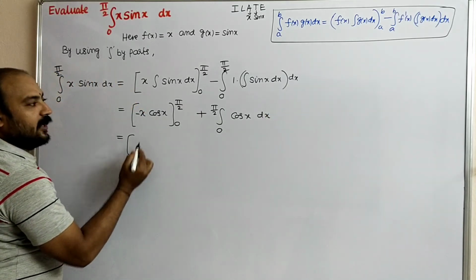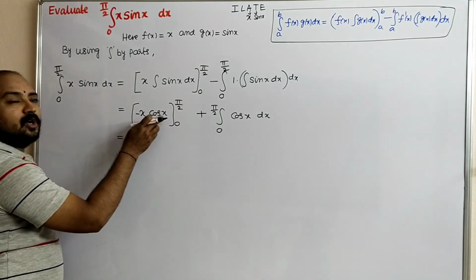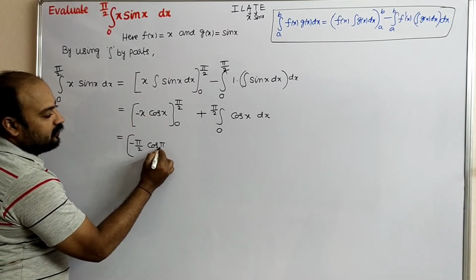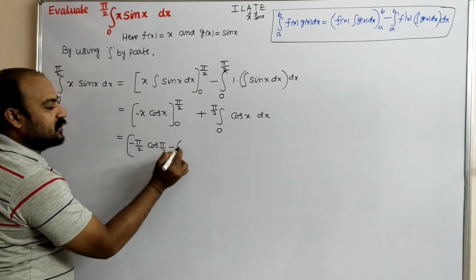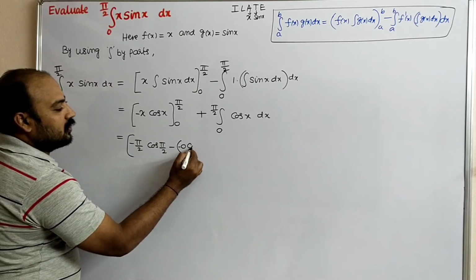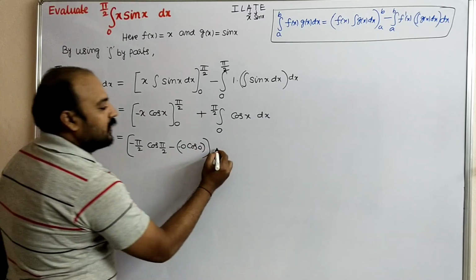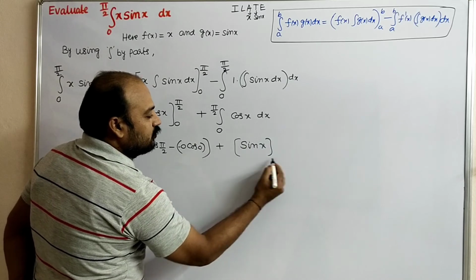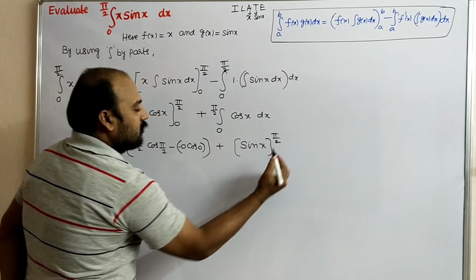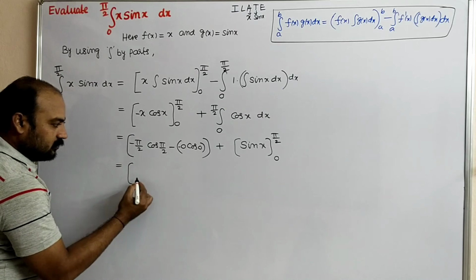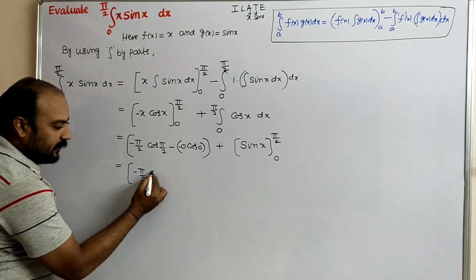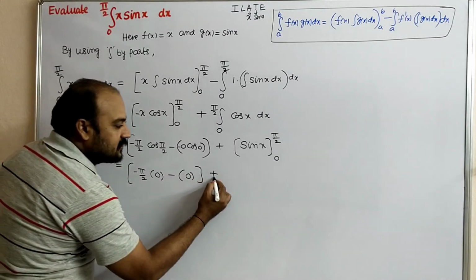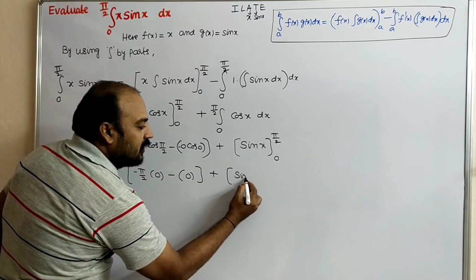So which is equal to: x is equal to pi by 2, substitute pi by 2 into cos pi by 2, 0, minus in place of x 0, 0 into cos 0, plus integral cos x is sin x, applying the limits 0 to pi by 2. So here minus pi by 2 into cos pi by 2 value 0, minus 0 into anything is 0, plus sin pi by 2 minus sin 0.